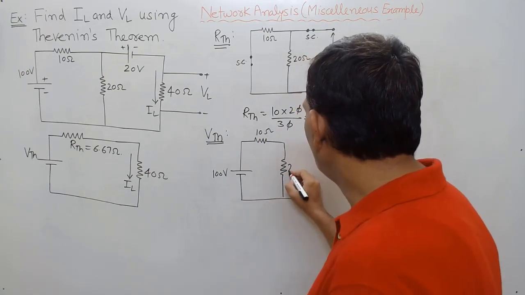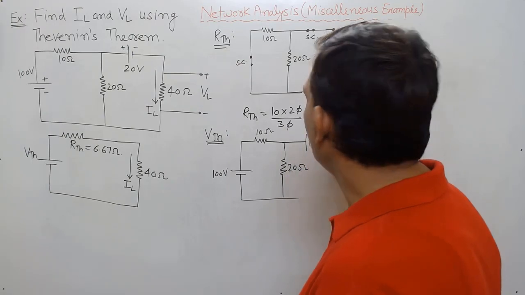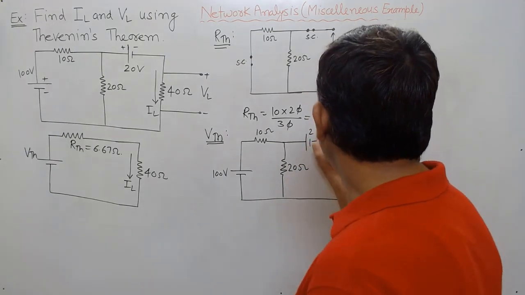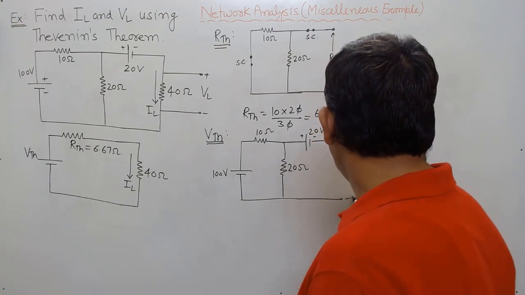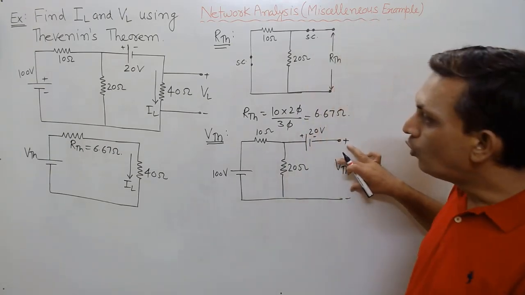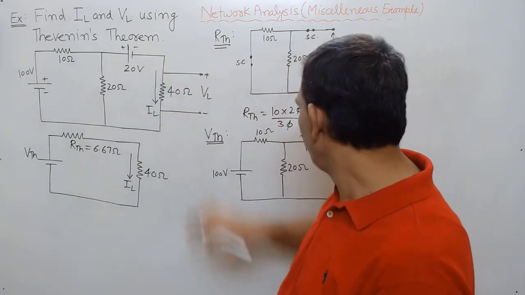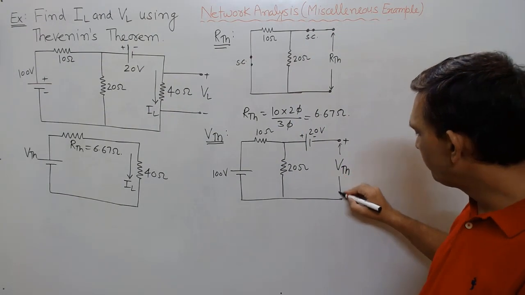This is 20 ohm. This is 20 volt. This will be 20 volt plus minus, and this drop is VTH. Open circuit voltage. Remove the load resistance and measure the drop. So we can easily find VTH, this drop.